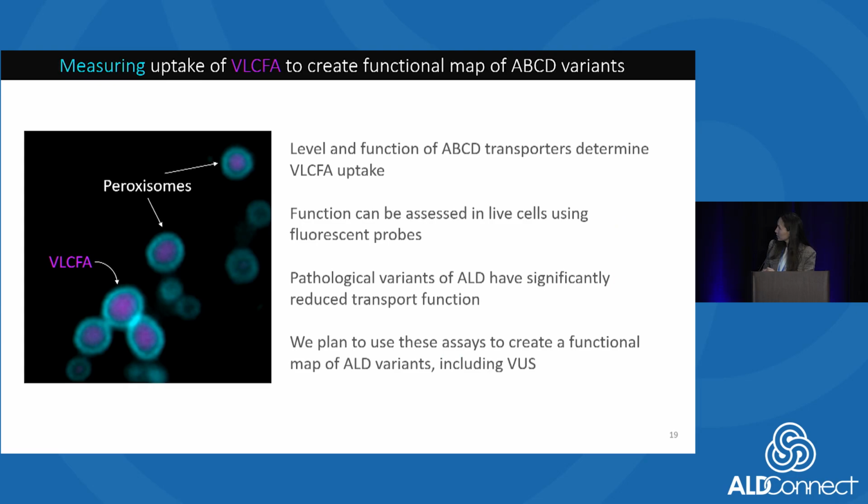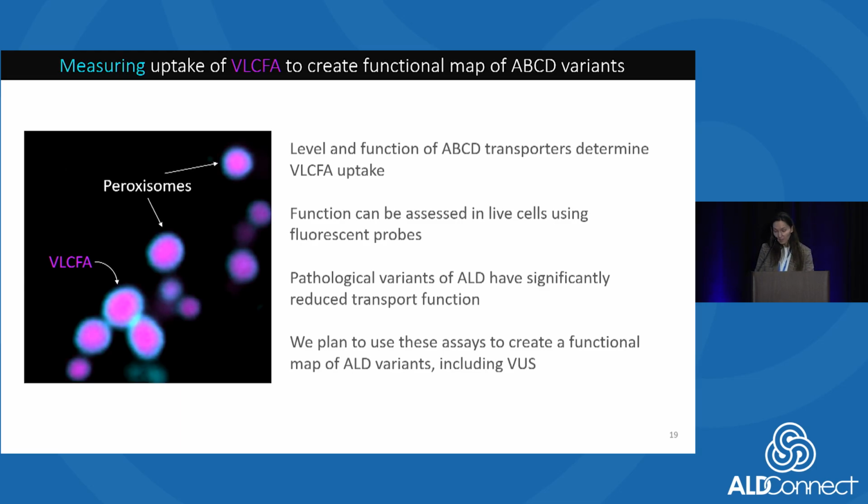So I would like to just summarize what I showed you today. I showed you that there are different levels of ABCD1 and other transporters depending on cell types and conditions, which is of course known from the literature, but it was just interesting to me when I started in this field. Then I showed you that we're developing functional probes for ABCD1, and we are trying to improve them for use not only in CRISPR-Cas9 models of ALD, but also in patient cells.